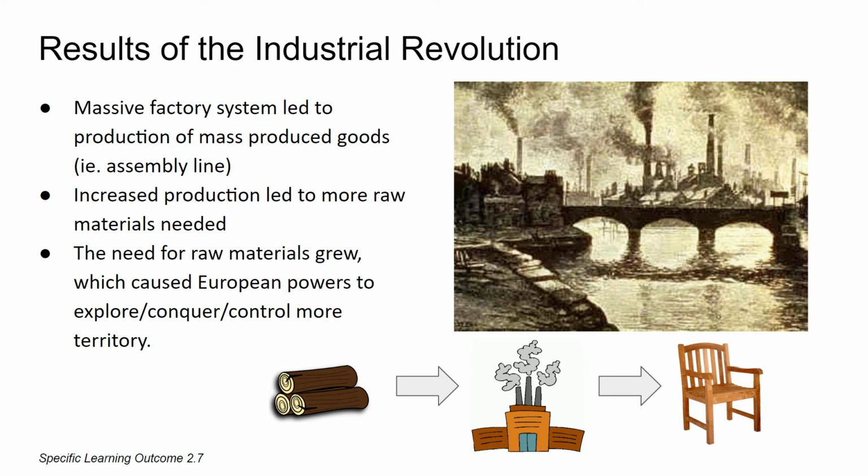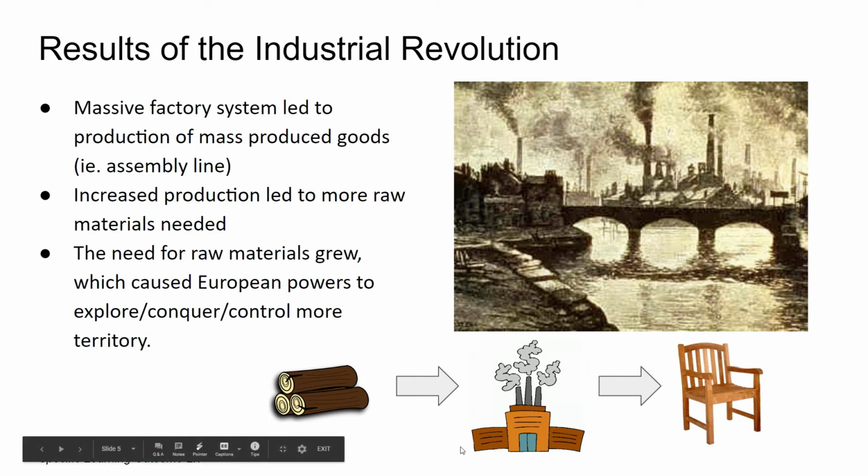Human demographics changed in the sense that more and more people were living in the cities, which led to more and more people needing massively produced goods. Increased production needs more and more raw materials. And more raw materials means more factories, which means more goods.